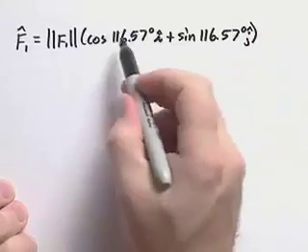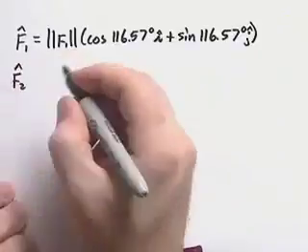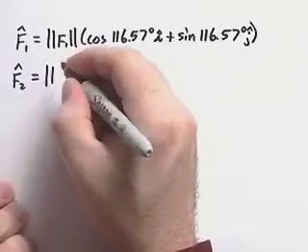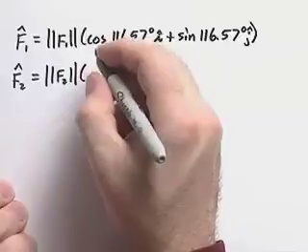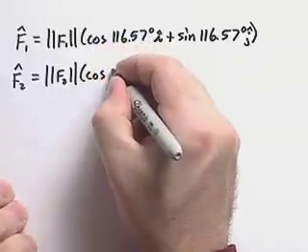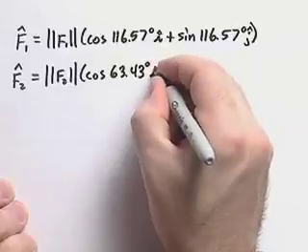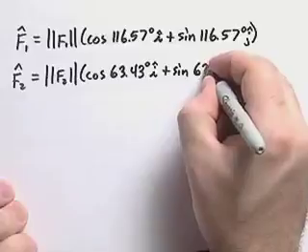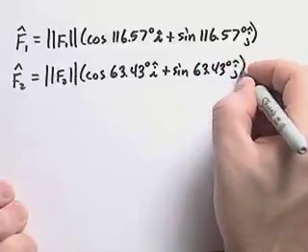So we have our horizontal and vertical components. Force vector 2 will equal the magnitude of force vector 2 times the cosine of 63.43 degrees, the unit vector i, plus the sine of 63.43 degrees times the unit vector j.